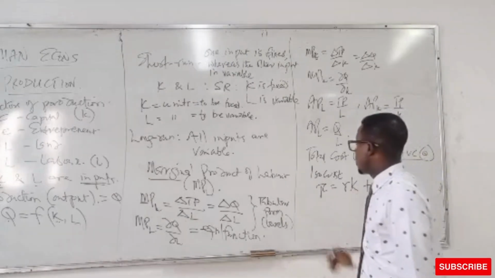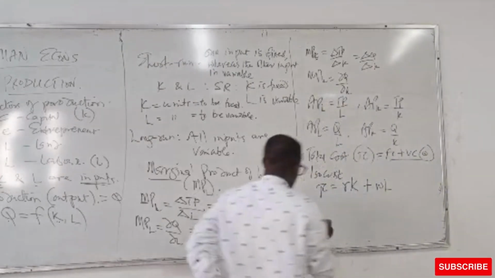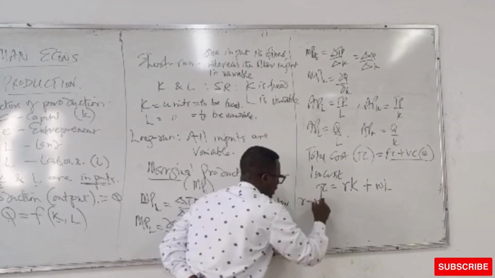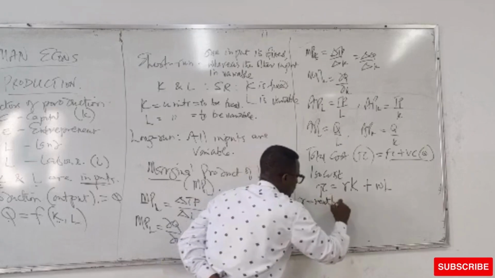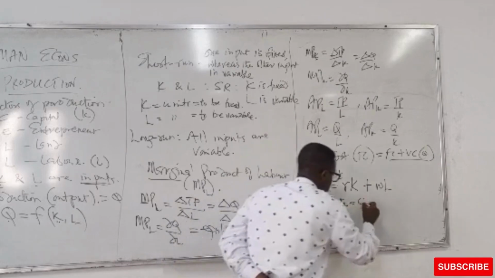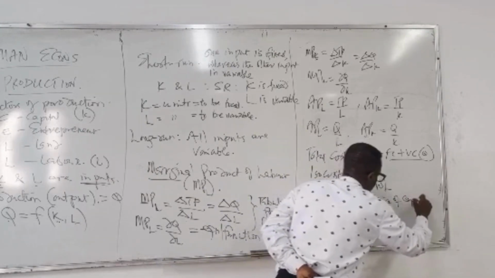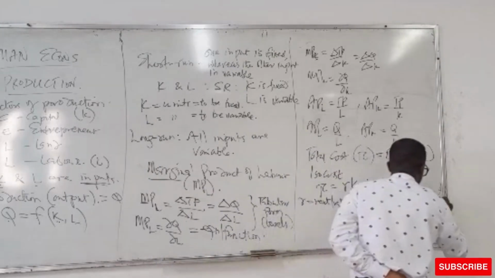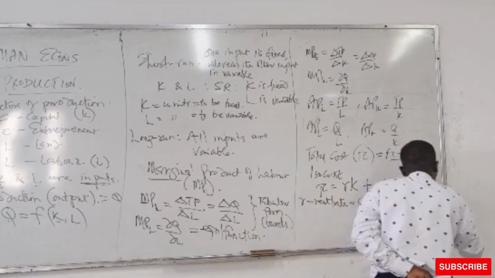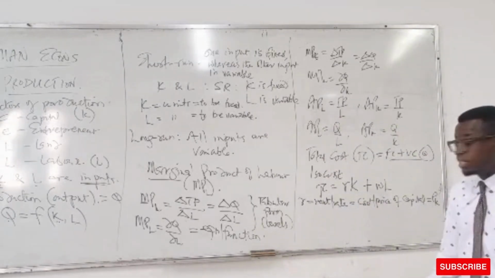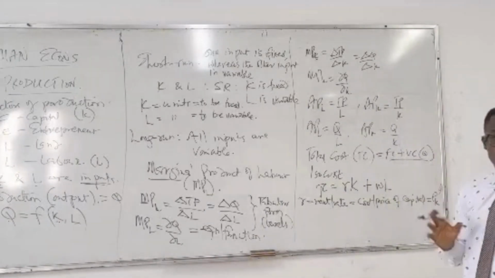But to say more about this, let's say that R equals rent equals rates equals cost or price of capital, equals price of K. So we're going to use these variables interchangeably depending on the requirements of the question.